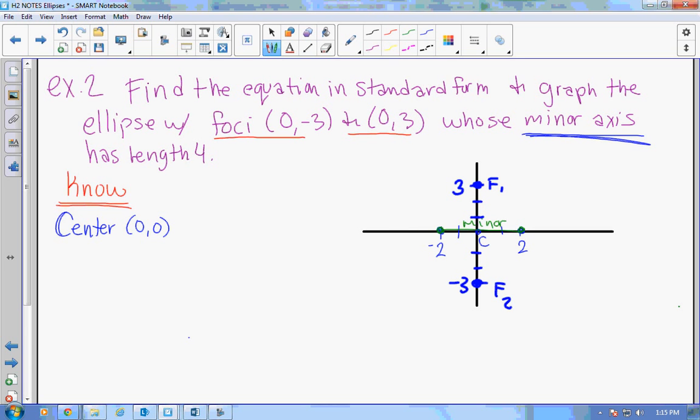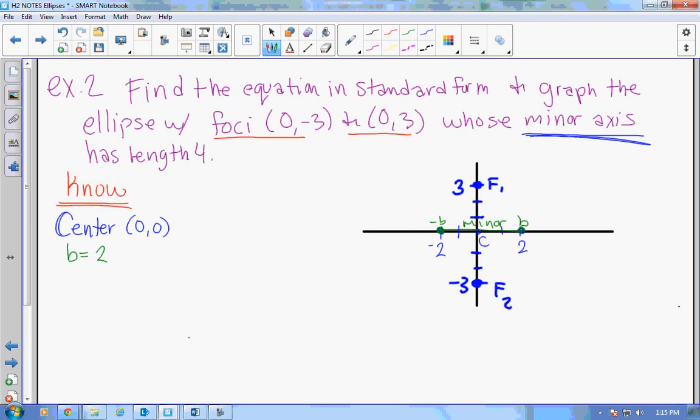What label do we give to semi-minor? A, B, or C? B, that's our B. So now we know B is 2. Okay, this would be -B then, and that would be +B.